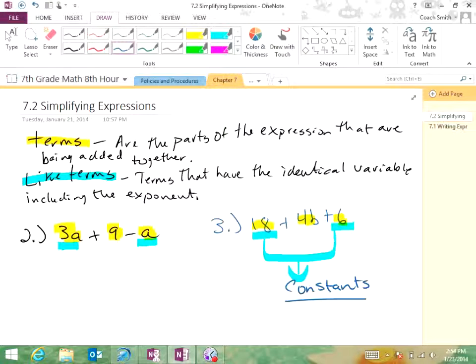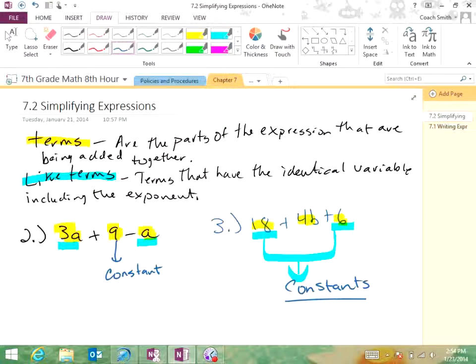Okay, so what would be the constants in number 2? In number 2, 3a plus 9 minus a, what would be the constant? The 9. The 9 here is the constant. In other words, does the value of 9 ever change? Is 9 some days 7, some days 12?